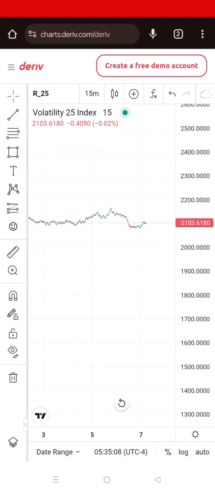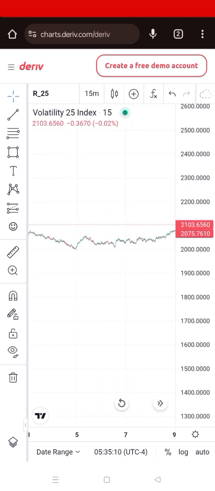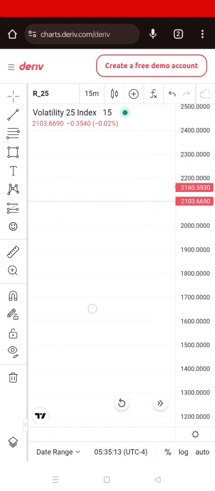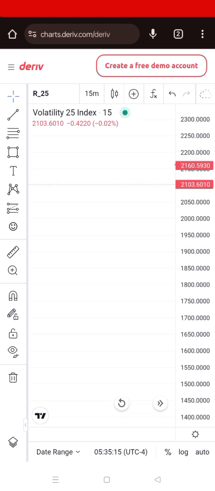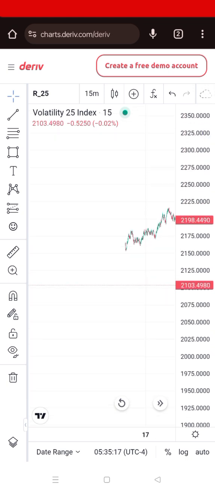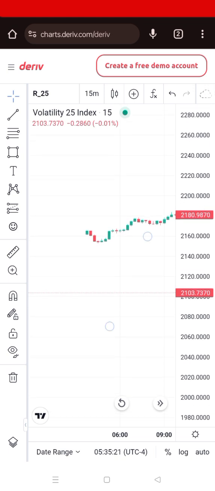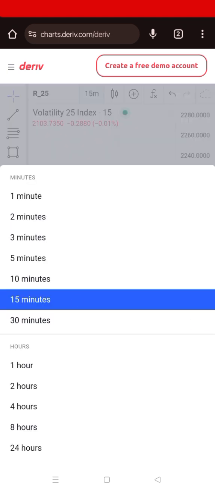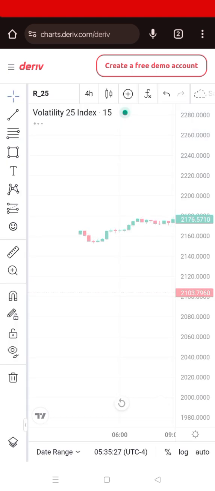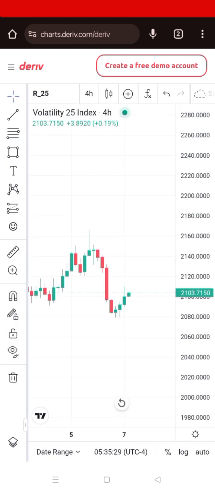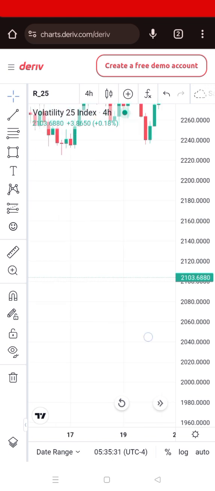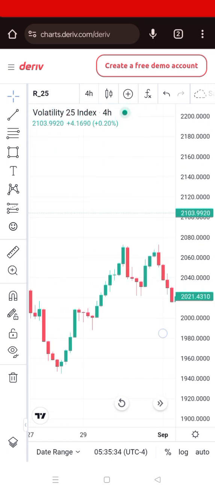Deriv needs to improve and give us the replay section. Anyways, as we can see, the start of that 15 minutes has started on that place, meaning we cannot go behind unless we move to the 30 minutes or the 1 hour, but we wanted the 15 minutes, so I'll just return to the 4 hours.